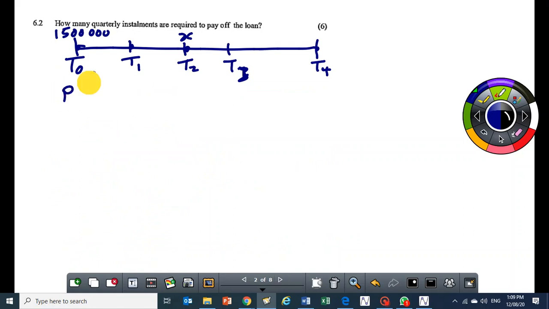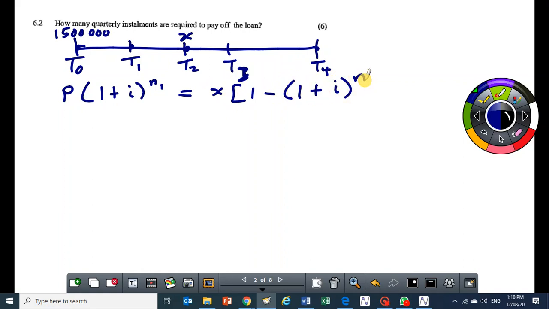So I'll write here P times (1 plus i) raised to the power of n1 is equal to X times (1 minus (1 plus i) raised to the power of minus n2), all over i. Where there is n1, we put 1 because the person only skipped 1 quarter before he made the first payment.